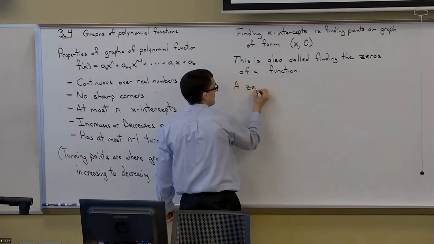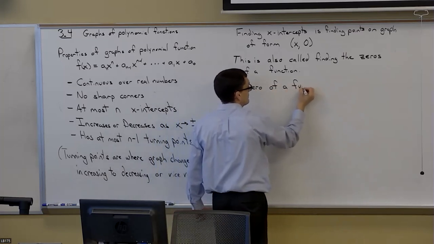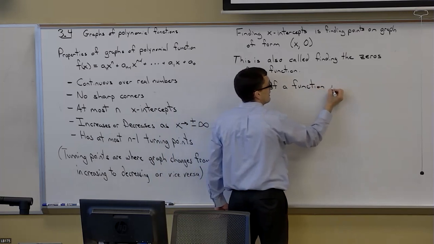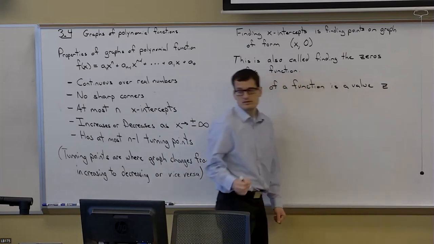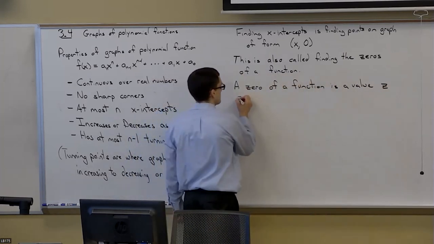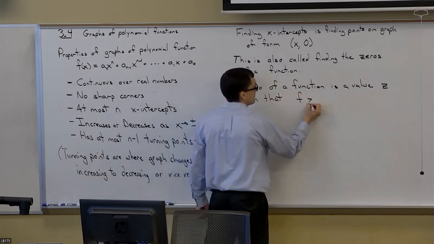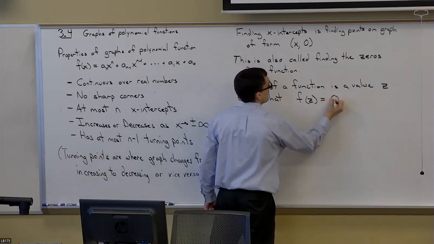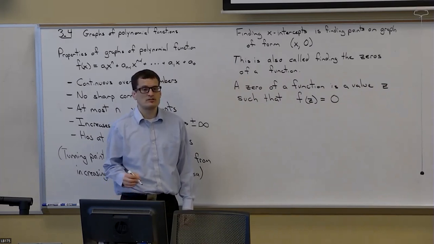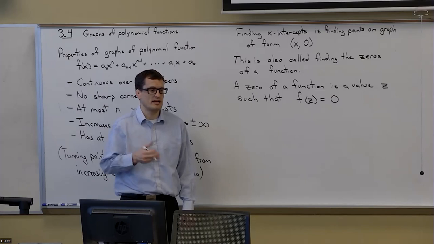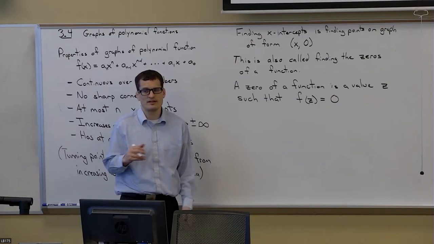A zero of a function is a value we'll call it Z for 0, such that when you plug in that value into the function, you get out a 0. So the 0 of a function is really the x value of an x-intercept. Did you follow that input-output stuff?